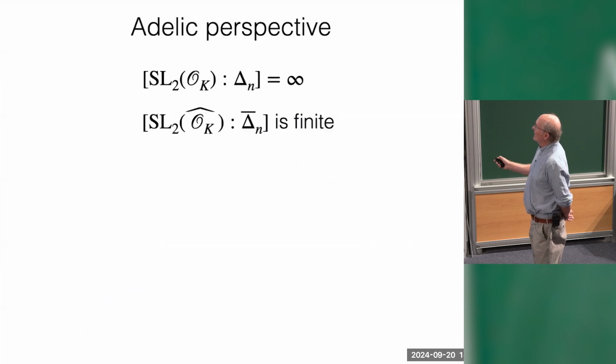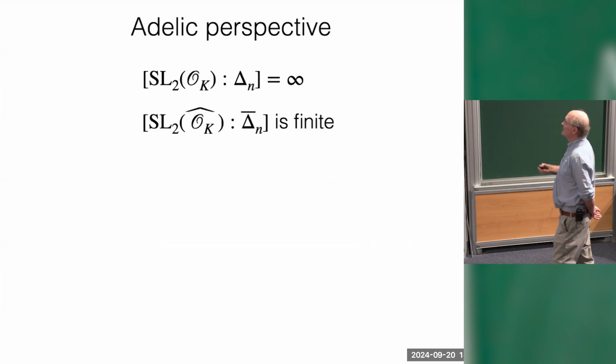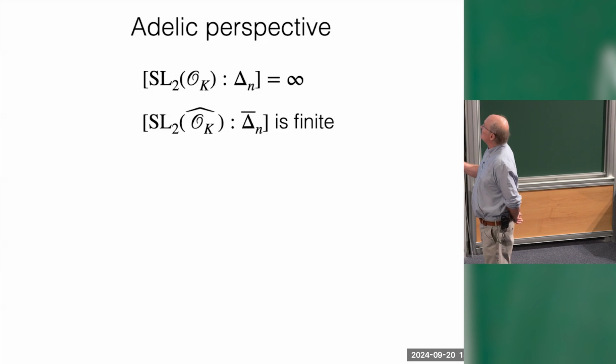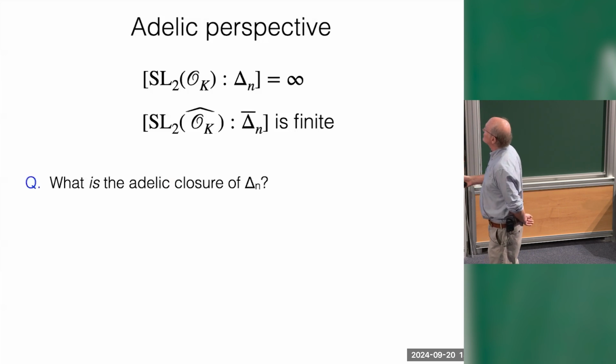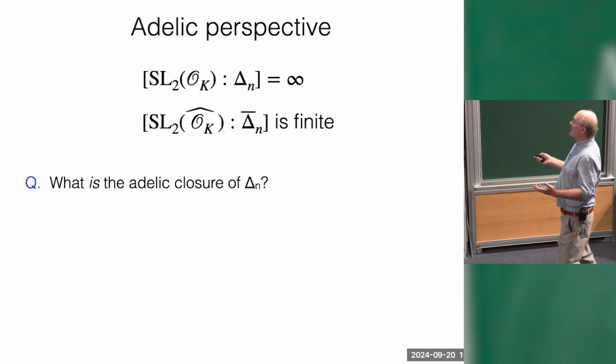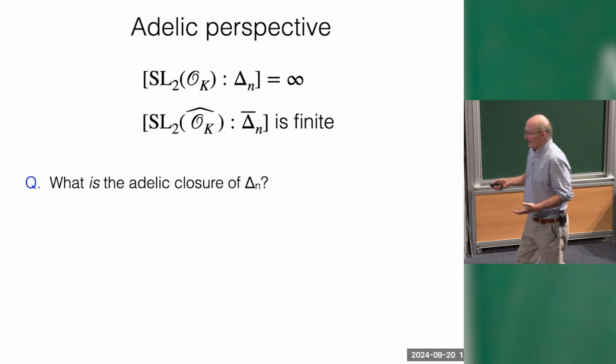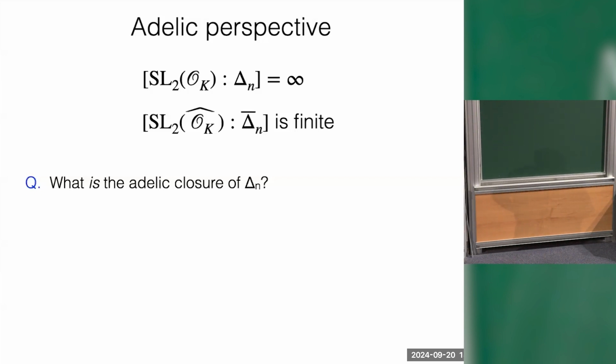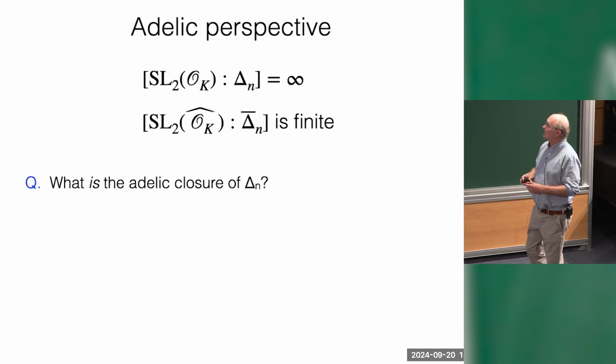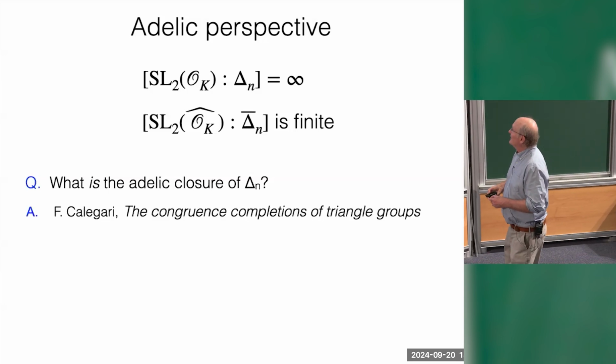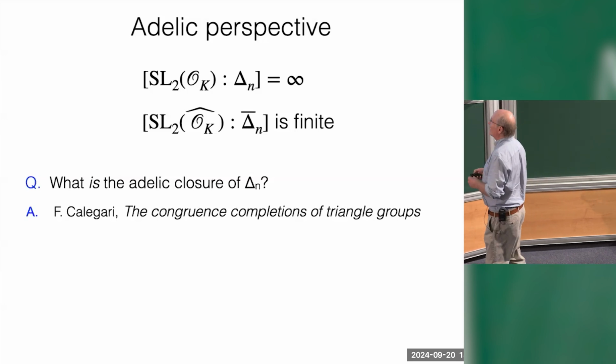And actually, all of this congruence condition discussion has to do with determining what this closure is. So we can just ask, and this is a question that makes sense for every n, and in fact for every thin group and every reasonable arithmetic group, what is the profinite closure or the adelic closure of that thin group? And the answer is Frank Calegari knows.